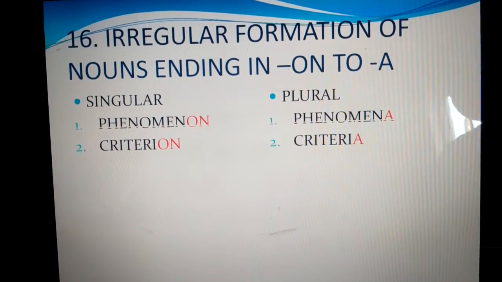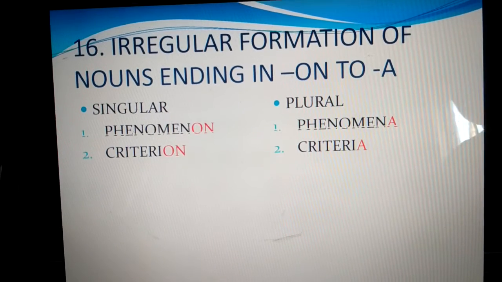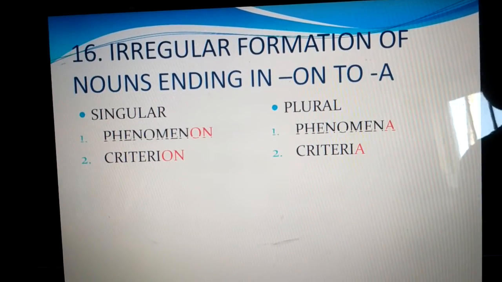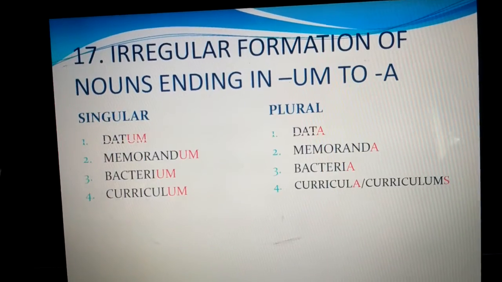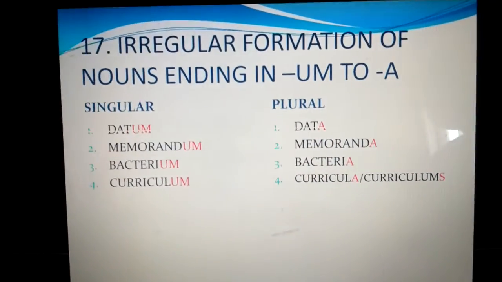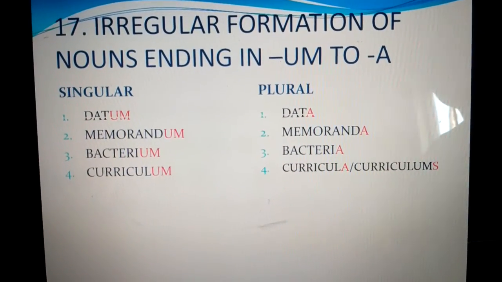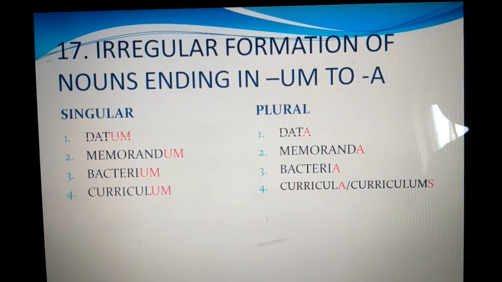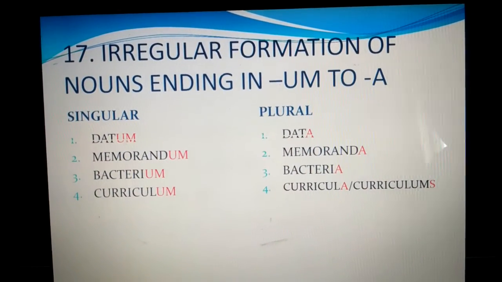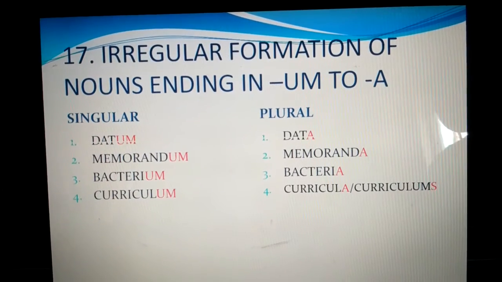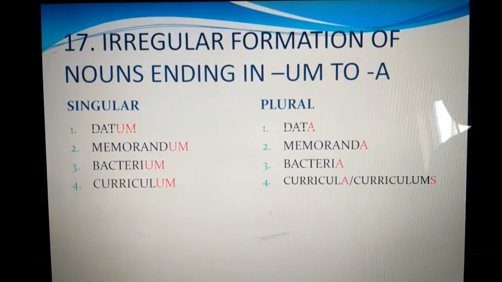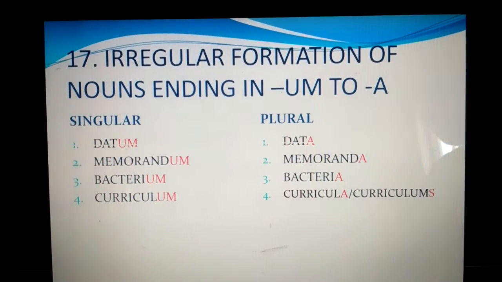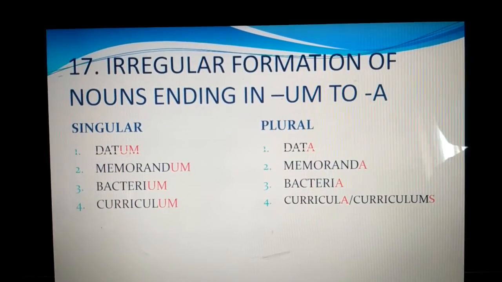Phenomenon, O-N, and in plural it will be phenomena. Criterion, the plural form is criteria. Then next, 17. Irregular formation of nouns ending in um, it changes to a. Datum, data, memorandum, memoranda, bacterium, bacteria, curriculum, it can be curricula or curriculums.